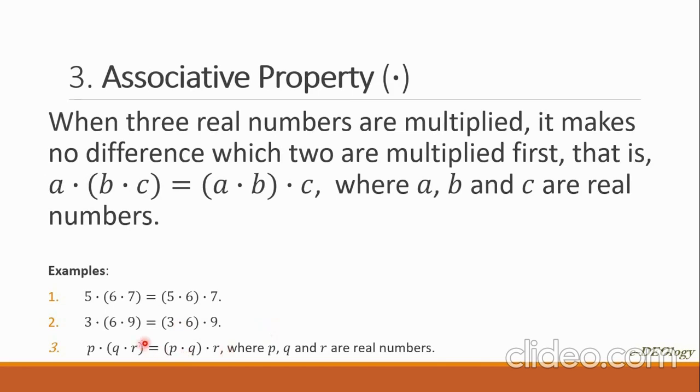Here we have P, Q, R. On the left side, the Q and R are grouped together and then multiplied by P. This is equal to the group of P times Q. Then later we multiply the product to R. So this is associative property. In other words, the grouping of the factors will not affect the product.